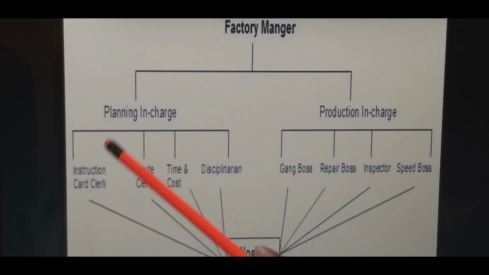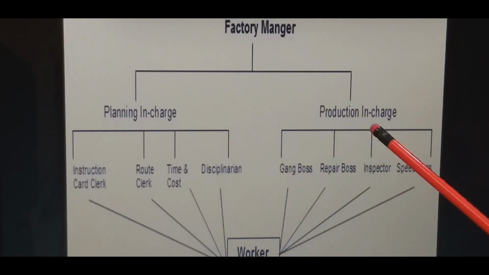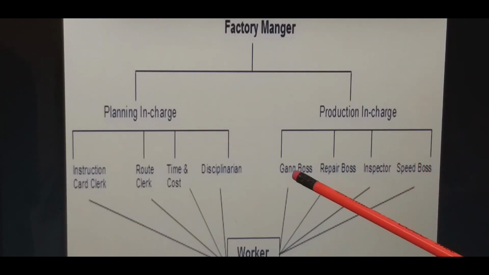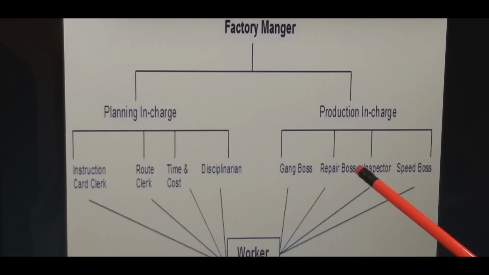That is, under planning department, he appointed 4 foremen: instruction card clerk, route clerk, time and cost clerk, and disciplinarian. Same way, under production department, he appointed 4 foremen, that is gang boss, repair boss, inspector, and speed boss.